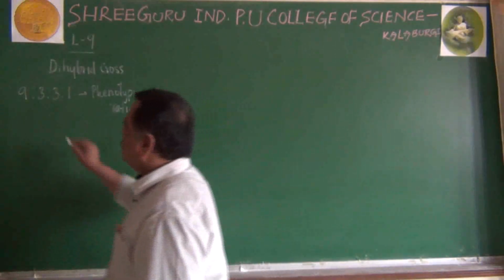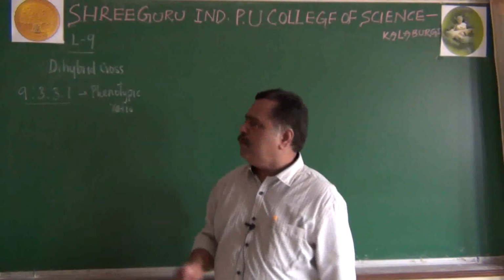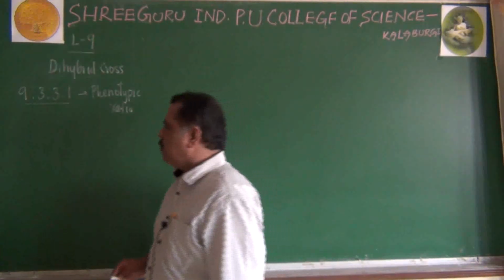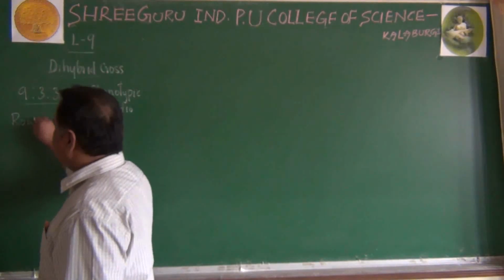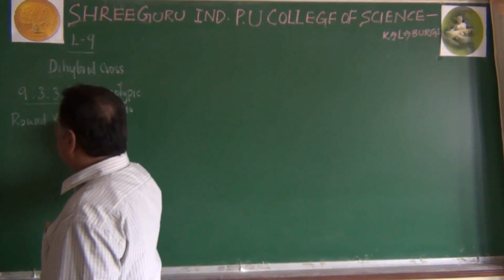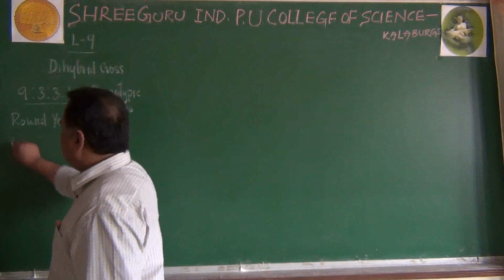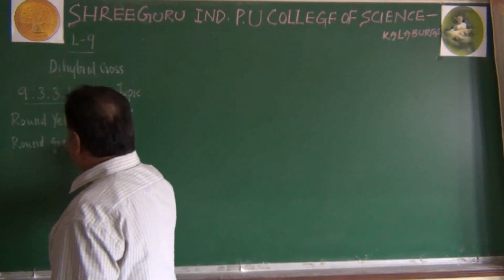If you analyze this phenotypic ratio, just recall once again whatever I told you already. In this 9:3:3:1, we are getting round yellow 9 times, and round green we got 3 times.